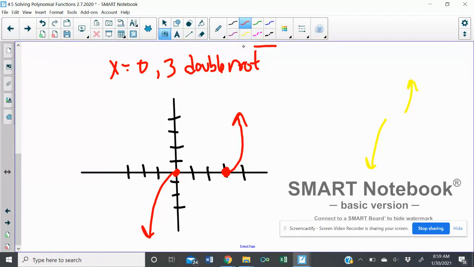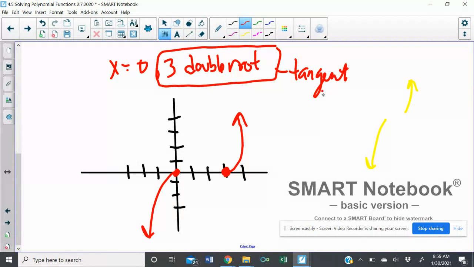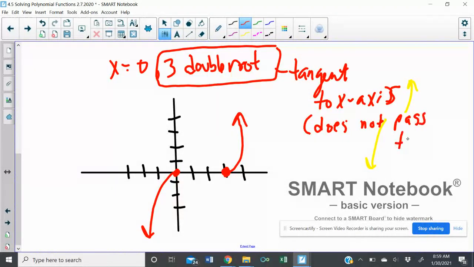If you recall, the double root is tangent to the x-axis. That means it touches it, but does not pass through. The x equals 0 is a solution, and this passes through the x-axis.